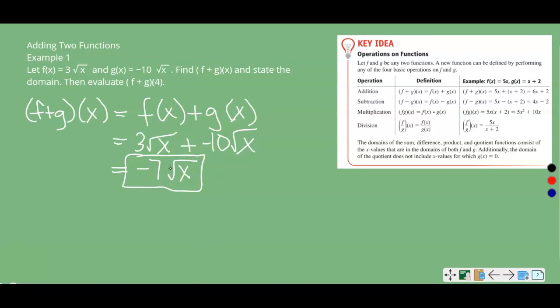Since the domain consists of all non-negative real numbers for each of these, we combine those and it's going to be the same thing for the answer. So this will be basically all positive real numbers. So domain: all positive reals.